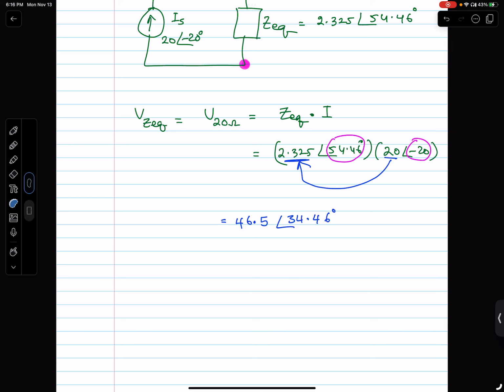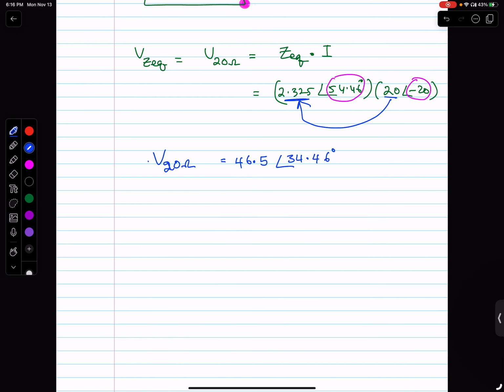You see, this guy is the answer that we are after, V of the 20 ohm resistance in its polar form. But we know how to convert this into its time domain form, don't we?